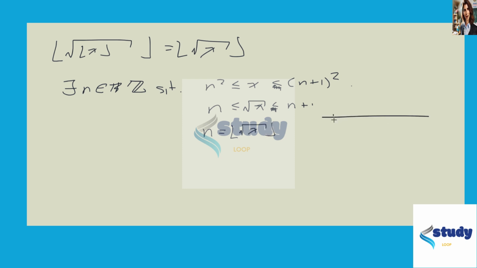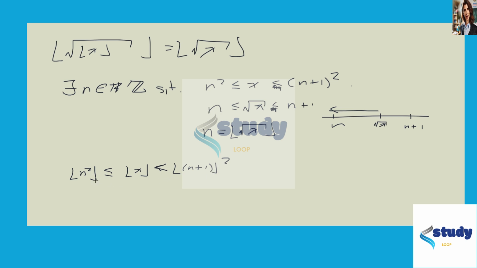Because we have n and n plus 1, we know that square root of x is somewhere in this region, so we're going to take the bottom number, which is n. So now for this side, n squared, so the floor of n squared is less than or equal to the floor of x, which is less than the floor of n plus 1 squared.